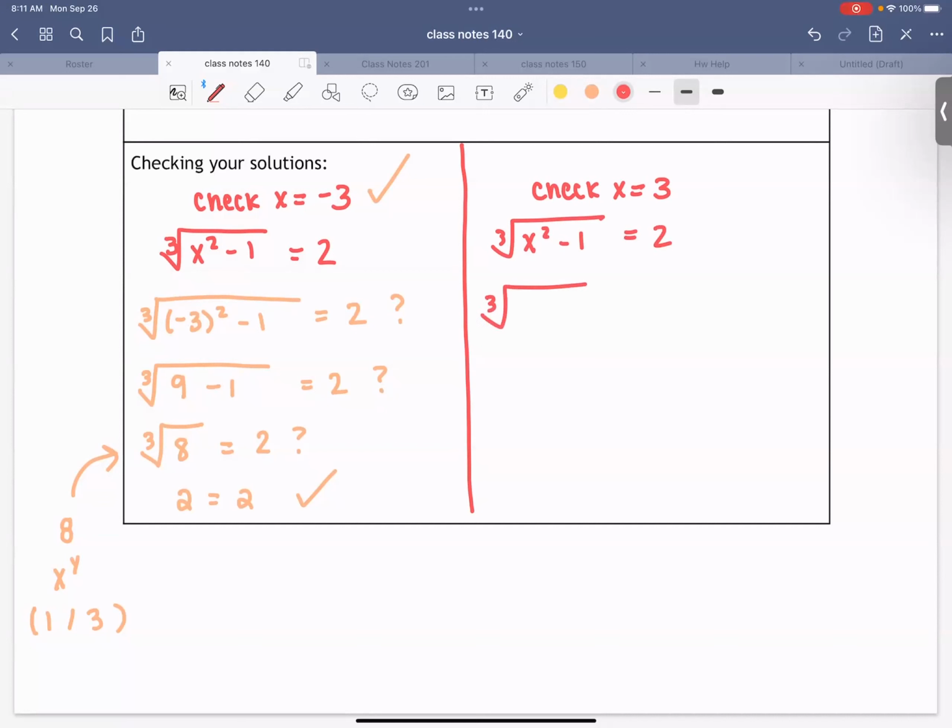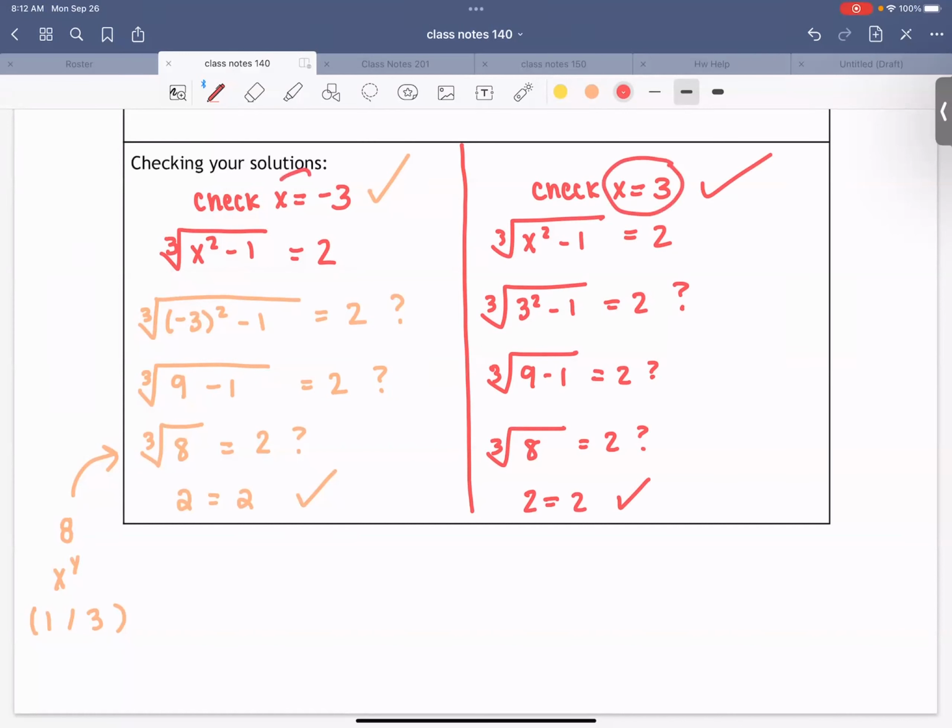Plug in 3 for X, put a question mark. Third root of 9 minus 1 equals 2? The third root of 8 equals 2? 2 equals 2. Looks like we're good. So both of our solutions are actually solutions to our equation.